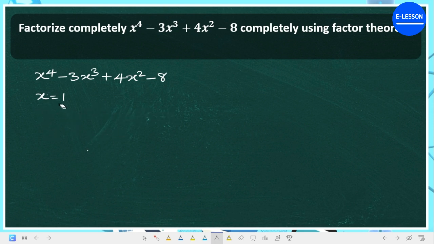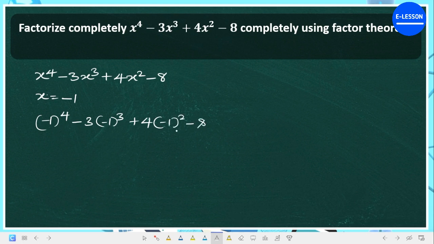Okay, now the next one is, because we are trying both positive and negative, let's try when x is equal to minus 1 and see. Now if x is equal to minus 1, this will give us minus 1 raised to the power of 4, minus 3 bracket minus 1 to the power of 3, plus 4 bracket minus 1 squared, minus 8. Minus 1 raised to the power of 4 is 1.